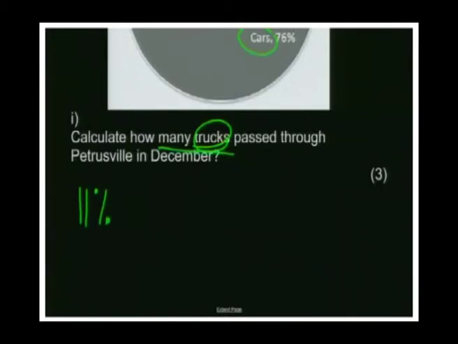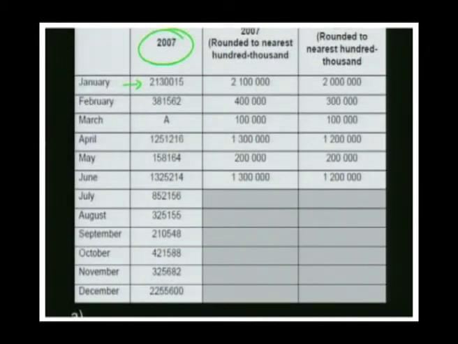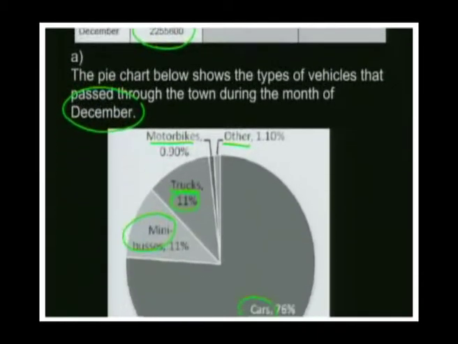The next piece of information is from our table over here, and we get told that we're looking at December. So if we look here in our table, we see that 2,255,600 vehicles passed through Pietersville in this particular December in 2011.